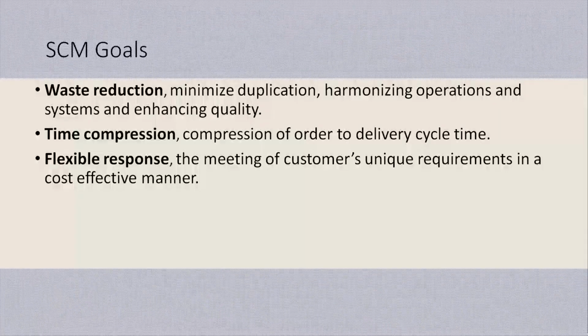Organizations are continuously improving their performance on these. And increasing the flexibility of the whole system is also another major goal of supply chain management, so that if there are sudden shifts in the customer's requirements or sudden changes in the marketplace, the whole supply chain must be able to respond to that quickly.